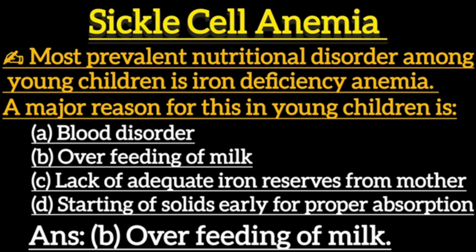A major reason for this in young children is option A, blood disorder. Option B, overfeeding of milk. Option C, lack of adequate iron reserves from mother. Option D, starting of solids early for proper absorption. Correct answer is option B, overfeeding of milk.